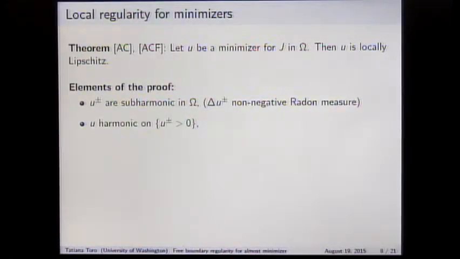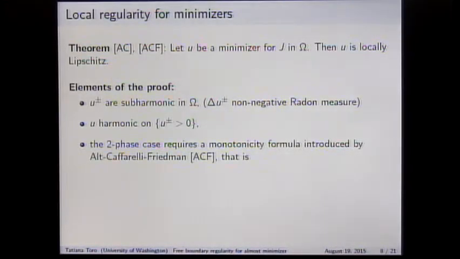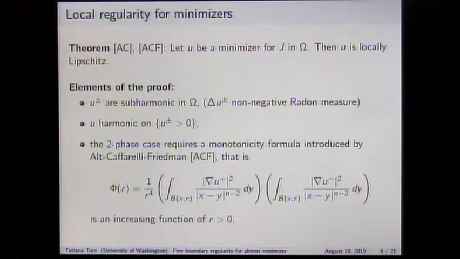They're harmonic in the positive and negative part. And then in the two-phase case, they needed a monotonicity formula, which I will call from now on the ACF monotonicity formula. And here is what it says. It says that if you look at this quantity, 1 over r squared, this number, times 1 over r squared, the same thing for the negative part, this is an increasing function of r.